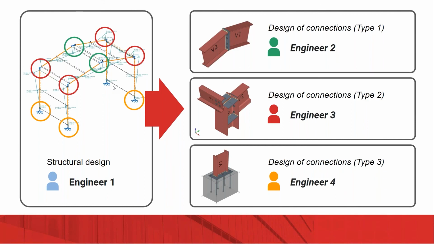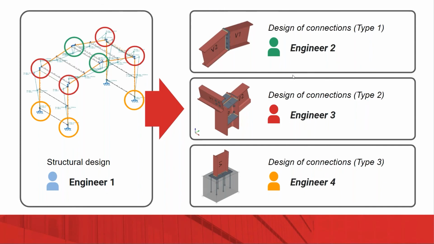So this is a workflow that you can do. You just need to have 3 licenses of CYPE Connect, for example, but then you can use the library, because the library exports elements. You can import and export the connections from one project to another. So one possible workflow would be working with different engineers to design the connections.